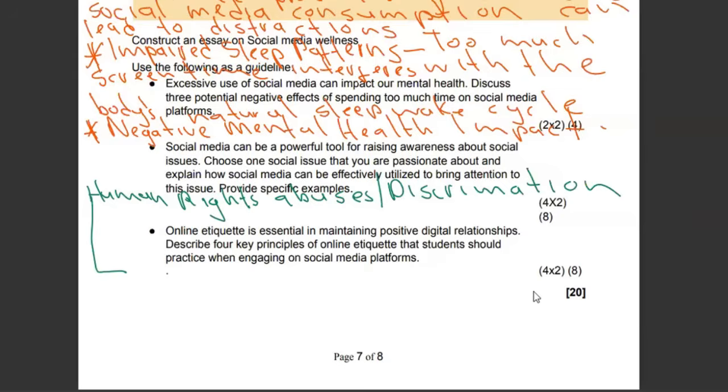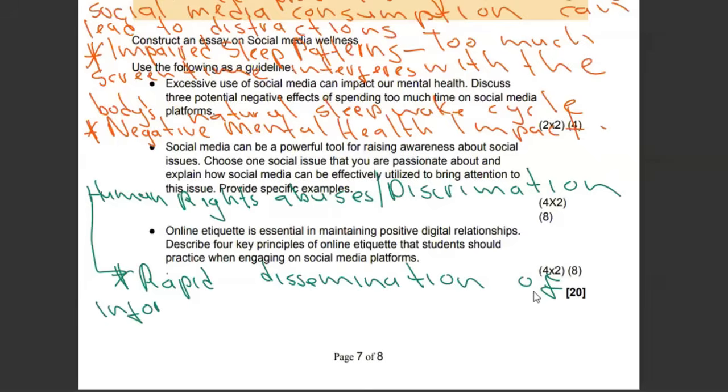Social media actually enables rapid dissemination of information. Through social media, you can reach quite a number of people. The information which you share can reach quite a number of people. That is the first step.